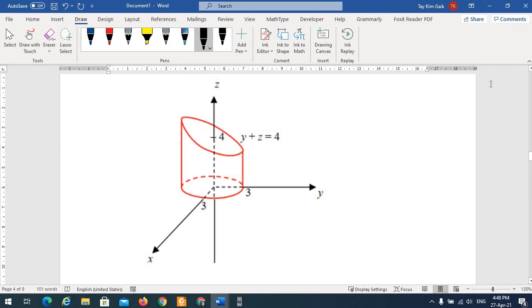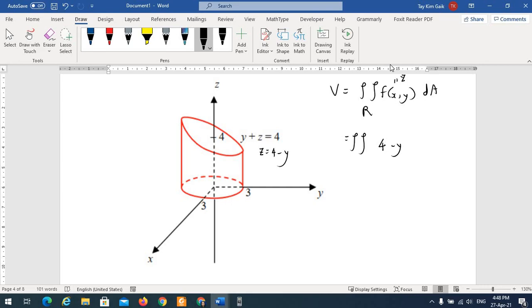The volume is the double integral of f(x,y) dA over region R. f(x,y) is z, and from here z is 4 minus y. So you have 4 minus y.